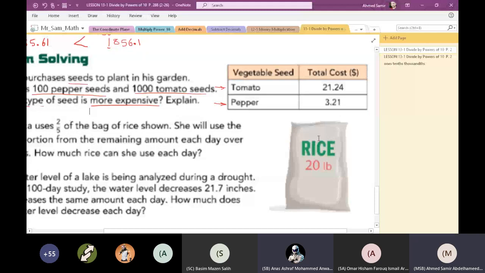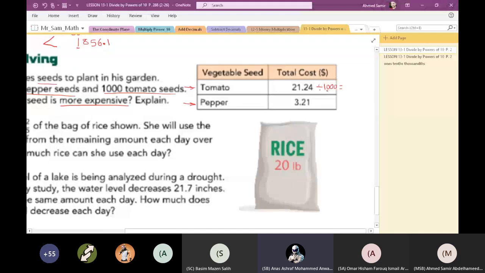So we have to divide this number by 1,000. That gives 0.02124.